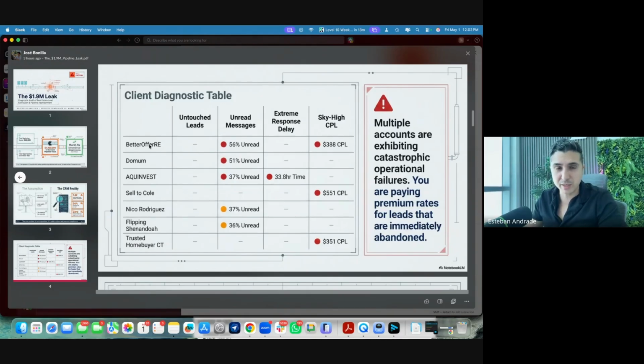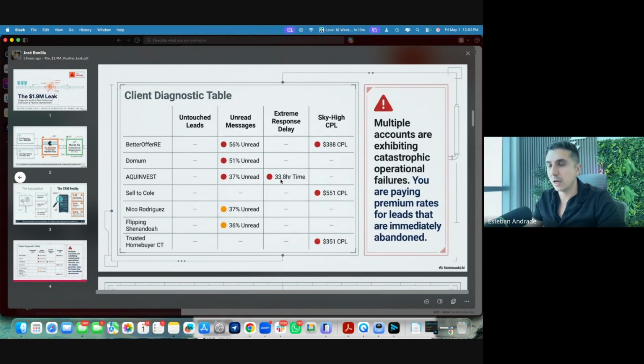Imagine $388 per lead, and then you got 56% unread. Then this one was 51% unread. Ryan, you're at 37% unread, right? And response delay time has been about 33.8 hours.